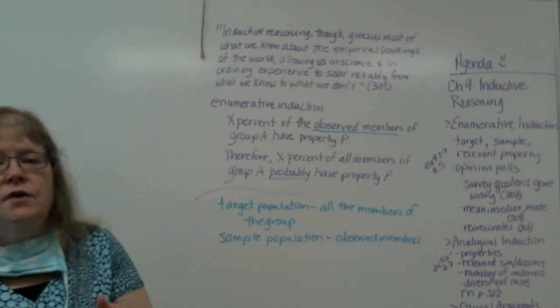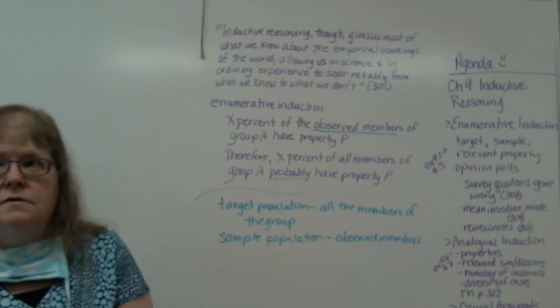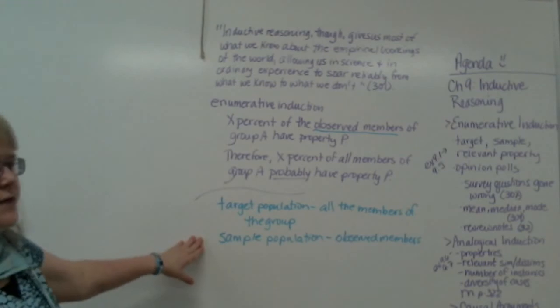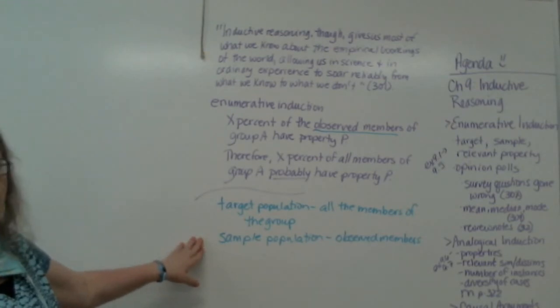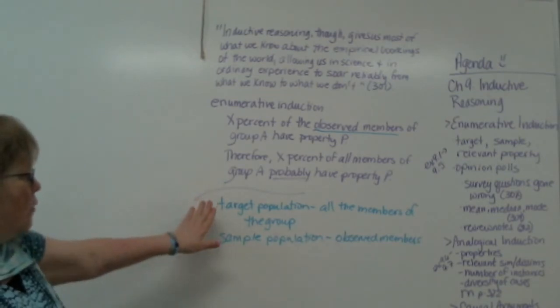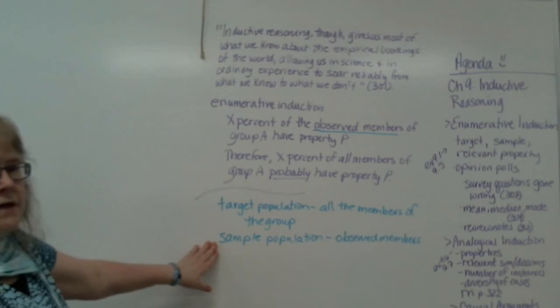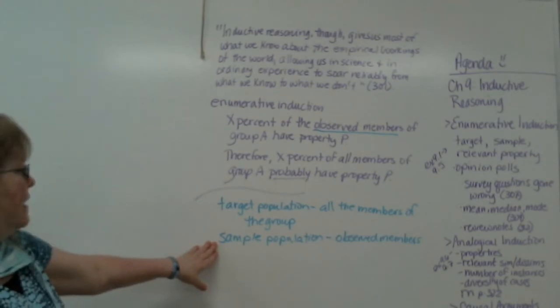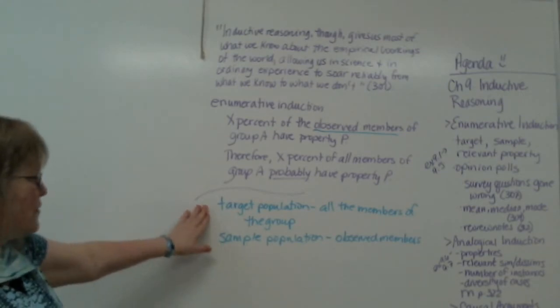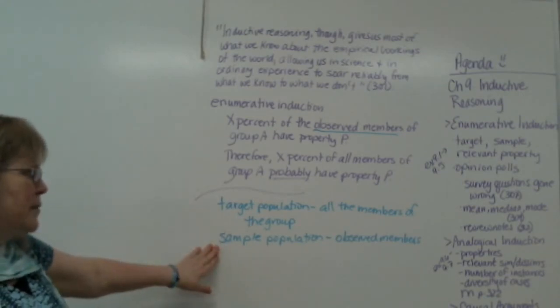They are expert opinion poll makers. Their sample population, if they're trying to figure out how do the American people feel about this particular TV show, well, we're not going to talk to everybody because we can't, but we are going to poll a target population. Sorry, can't do the whole target population. We're going to do a sample population.